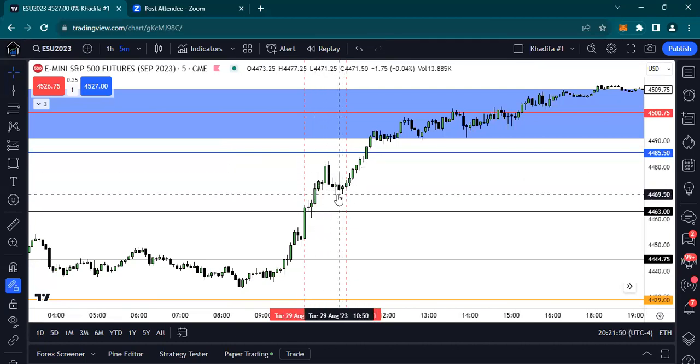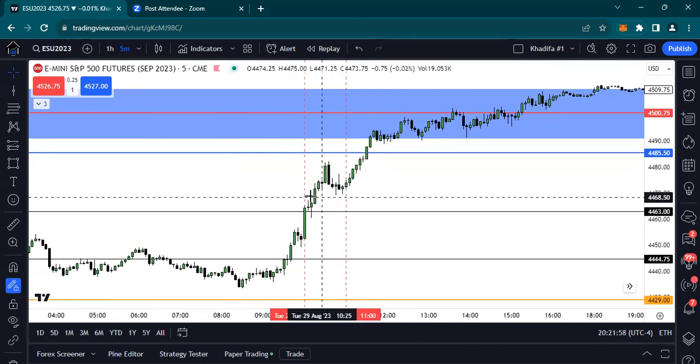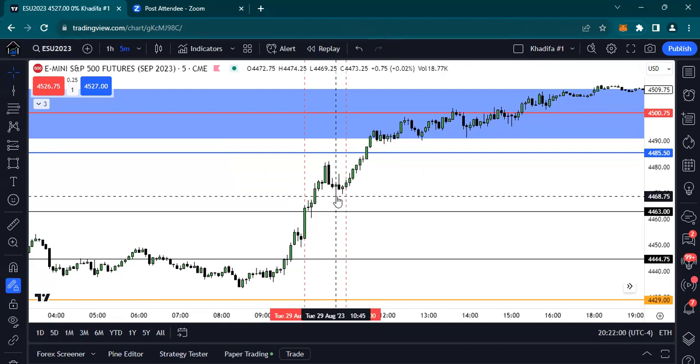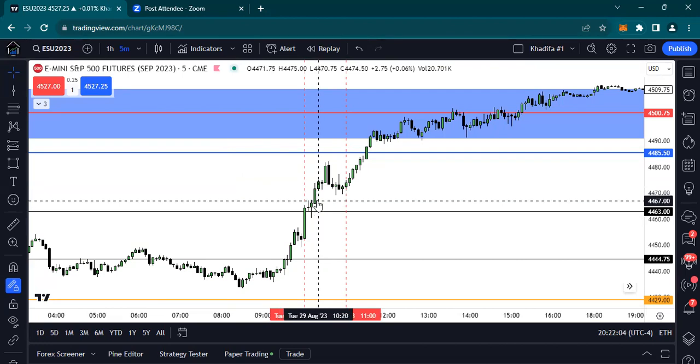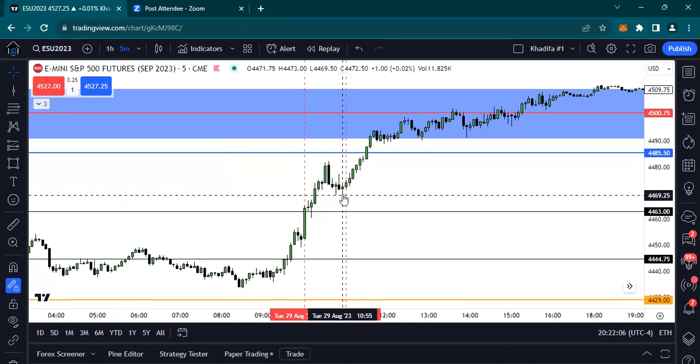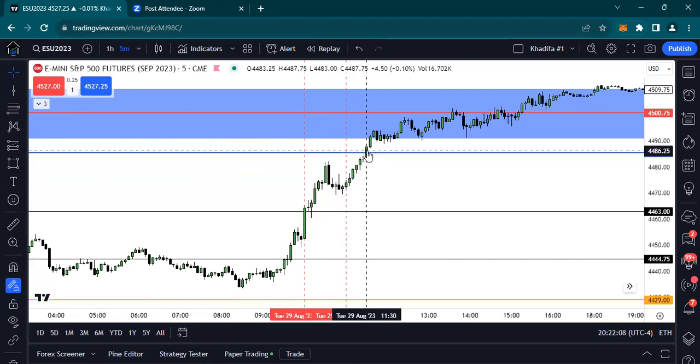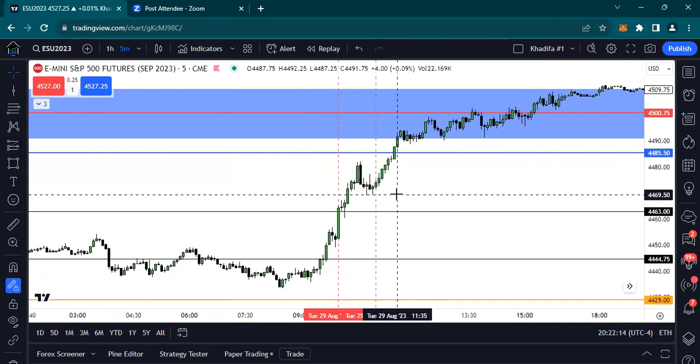You would have had another opportunity to enter right here if you wanted to pyramid, right? We're still within the silver bullet time frame. We get a pullback down into what? Another fair value gap, right? And price just runs right up into that previous week's buy side liquidity, right?